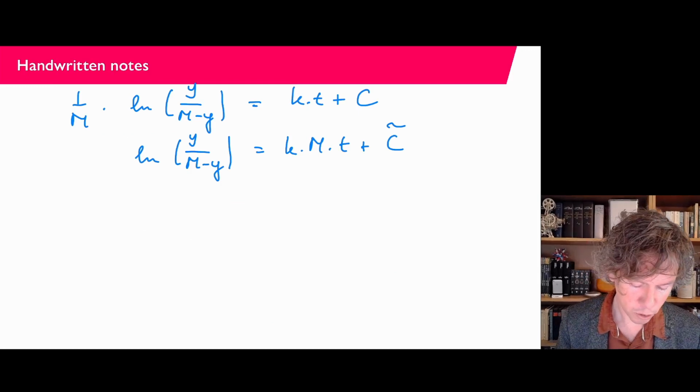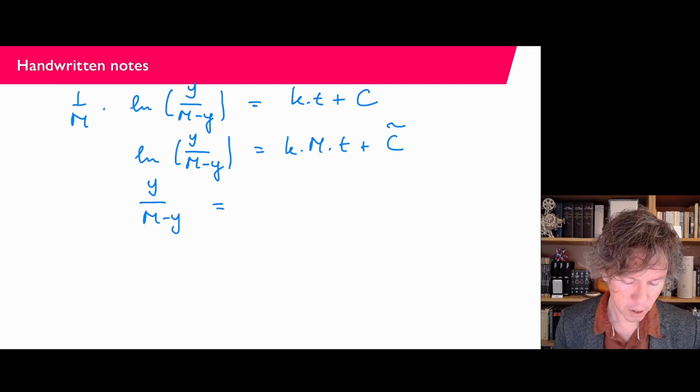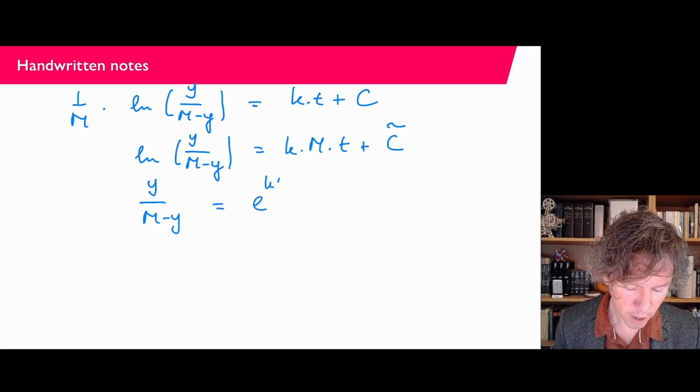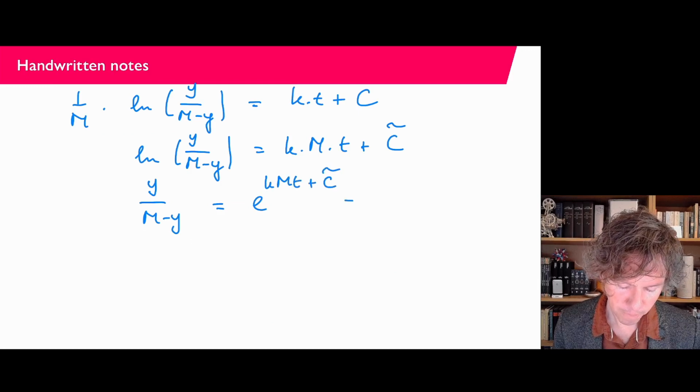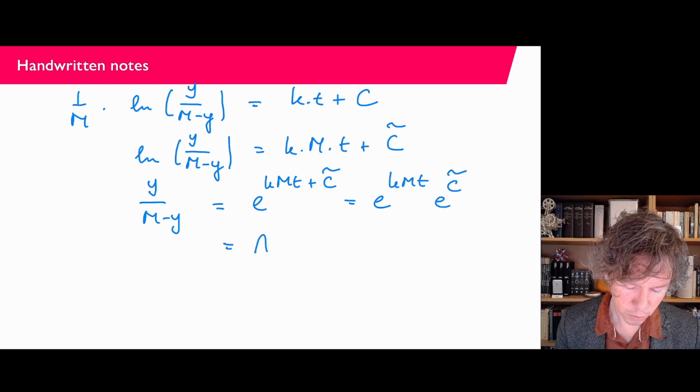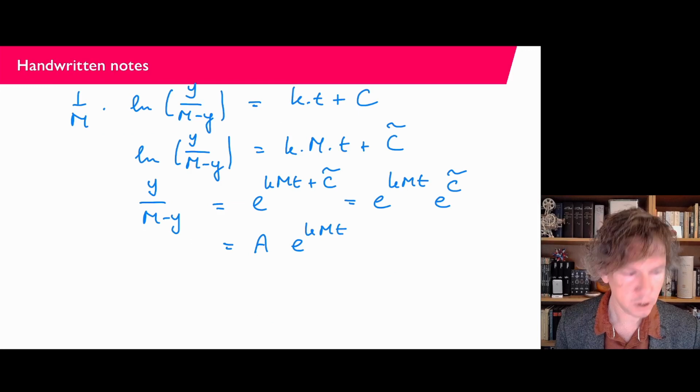Now I take the exponential, so I find that y over m minus y equals e to the power k m t plus c tilde, which is e to the power k m t times e to the power c tilde, which is a new constant. Let's call it a again, times e to the power k m t.